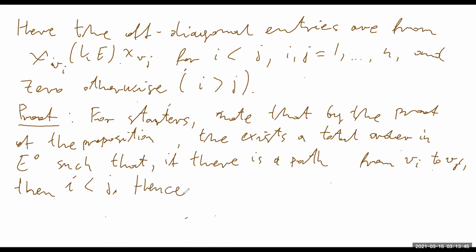So hence, without the loss of generality, in other words, this is a vacuous assumption. It's an assumption we can make because it's always possible to arrange our vertices in such a way that the property that we desire is satisfied.